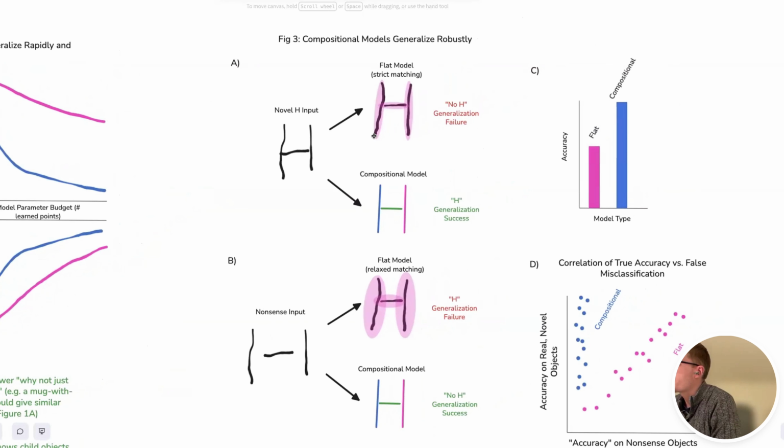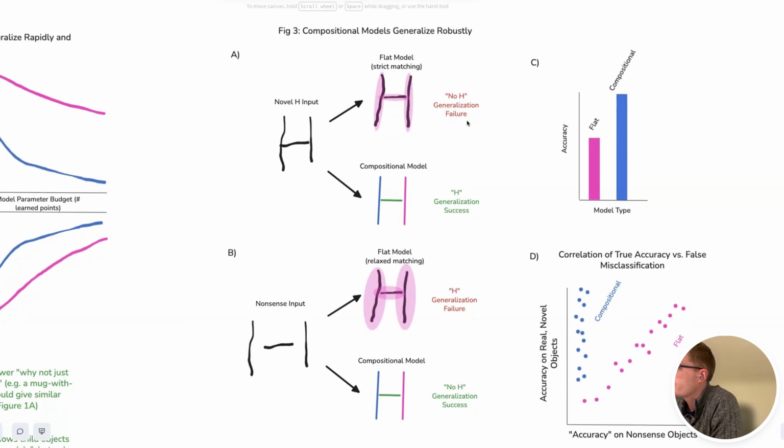Depending on how we set the parameters for tolerance as we move in our model space and try to match to this other model, if we set them strictly, which you'll understand why we would want to do later, to have a sensible tolerance, it doesn't take much for natural variations in how letters appear to cause this model to fail to recognize that this is the same thing. So this says, oh, it's not an H, so generalization failure.